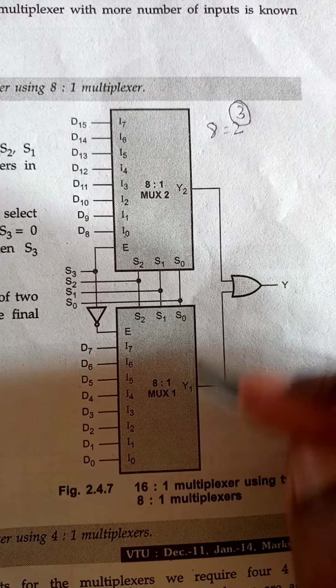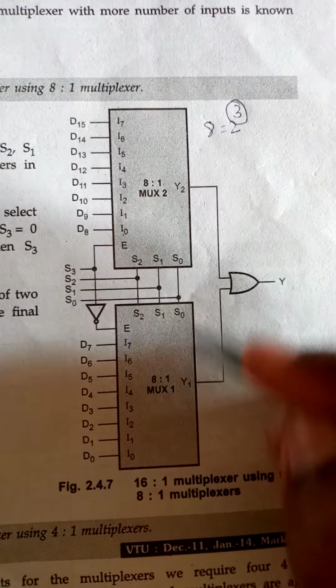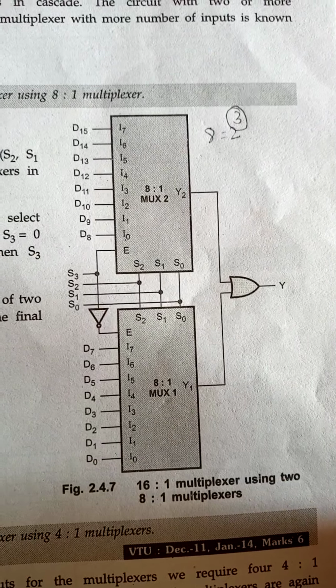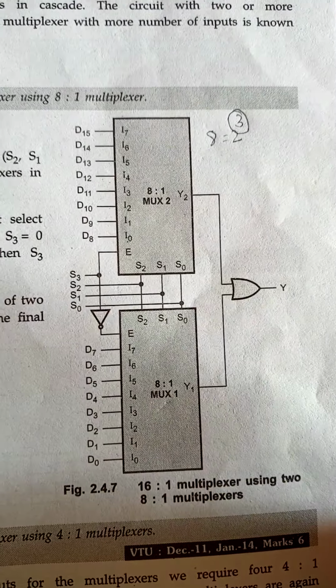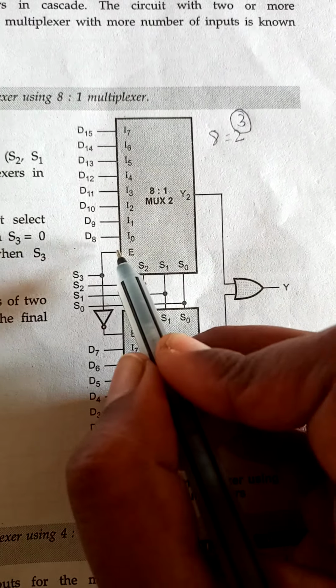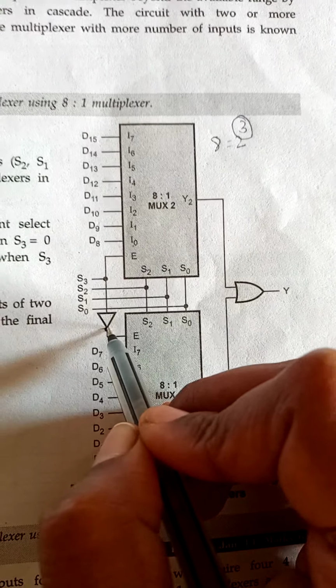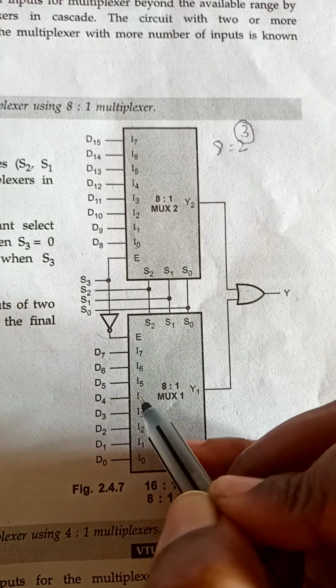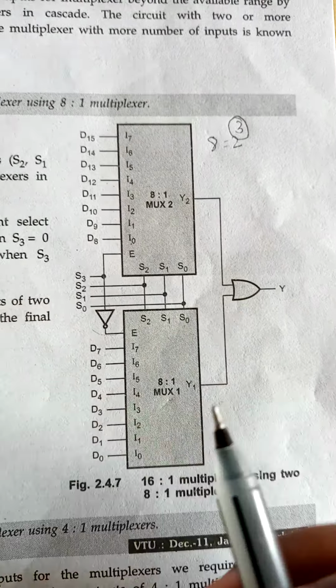Here Y1 and Y2 are the outputs. Then what else do you require? You require one more pin called the enable pin, which is mentioned over here. You can see we have connected a NOT gate to the enable pin. Why? We are going to discuss it later.